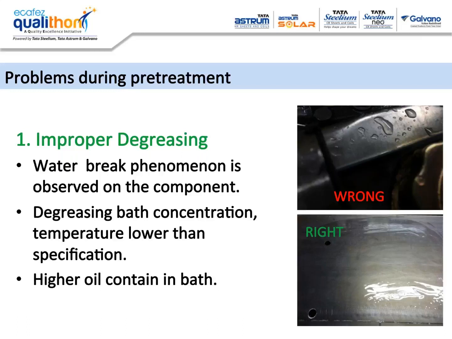Now check for degreasing bath concentration, temperature may be lower than specification, or higher oil content in the bath. Sometimes if you don't have proper oil skimming, the oil will keep floating on the tanks. Your part will get dipped and cleaned, but when it comes out, that oil will get redeposited on it, and you may face this problem. So that should be avoided.